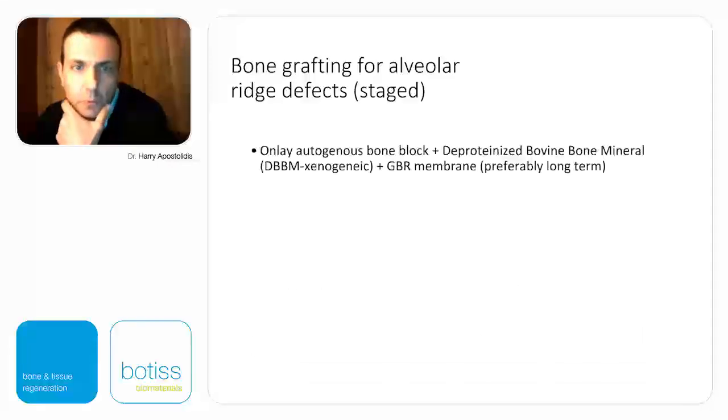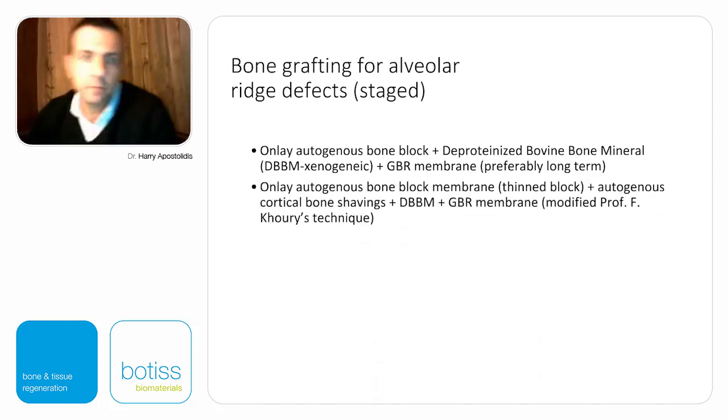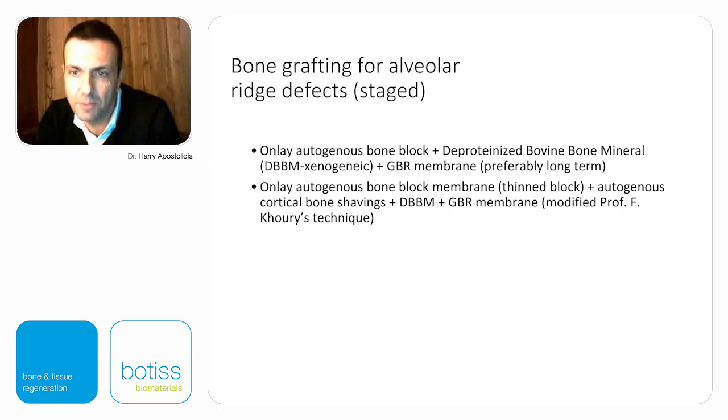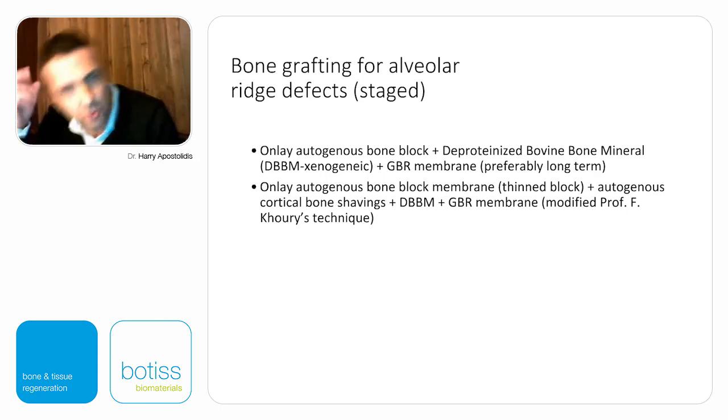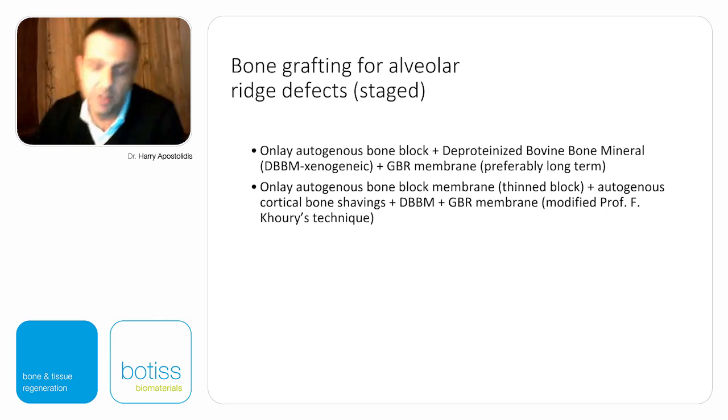So when we're talking about the staged alveolar ridge bone graft for a staged alveolar ridge defect, we're either going to use only an autogenous bone block, as we said, with xenograft and a membrane, or we can use a very thin block. That's Professor Khoury's technique, a very, very thin block. We fixate it away from the recipient bed, and we pack the in-between area with autogenous cortical bone shavings, and we modify this technique by using also xenograft and the GBR membrane.